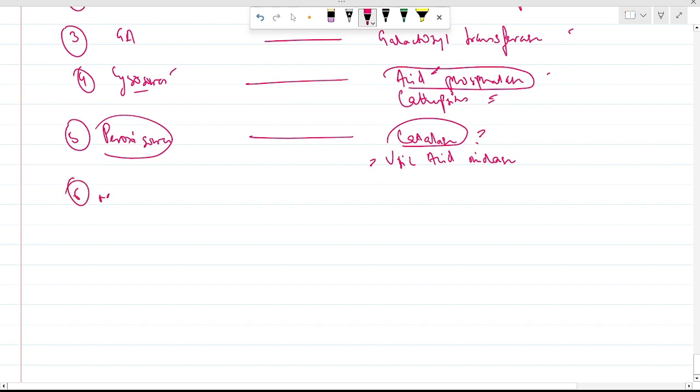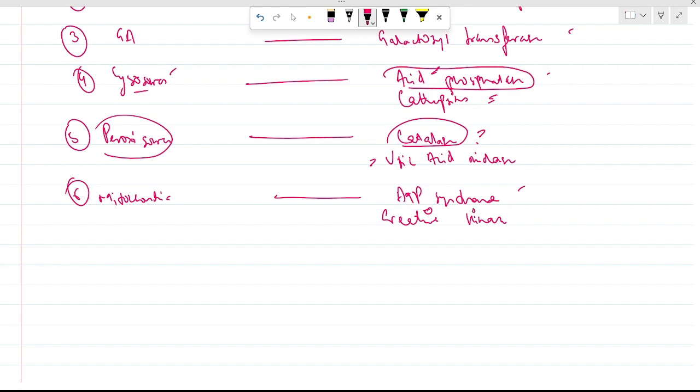Sixth, we have mitochondria. For the mitochondria, the marker enzyme is ATP synthase. Very simple, the ATP synthase enzyme is present in the mitochondria for synthesis of ATP. So ATP synthase is a marker enzyme for mitochondria. Another one is creatine kinase.